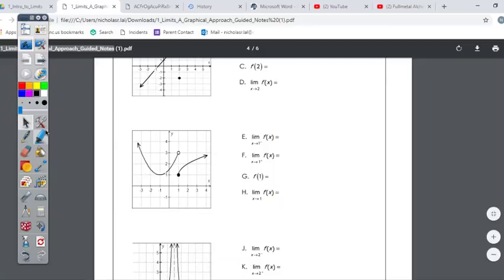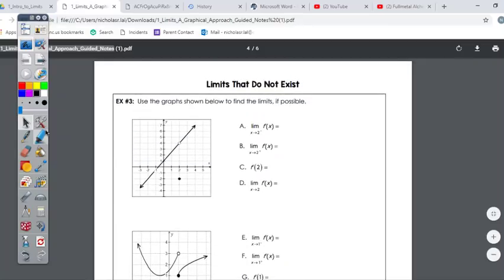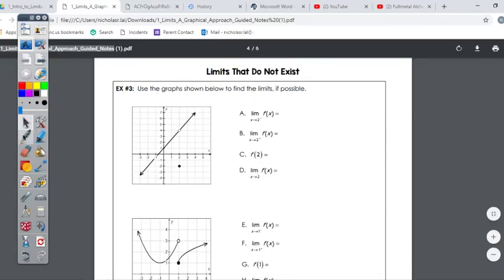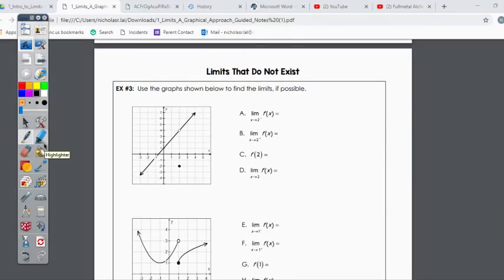Limits that do not exist. So let's look at limits that do not exist visually. Using the graph of the piecewise function shown below, find the limits if possible. So the limit as x approaches negative 2, it looks like the function's going fine right here.